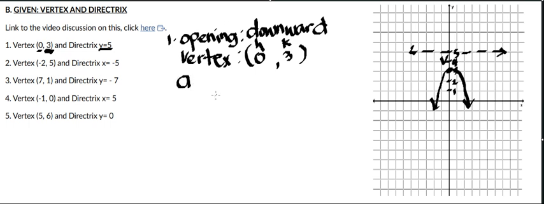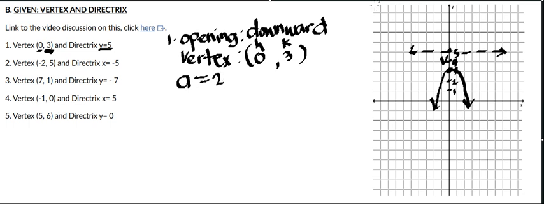Always remember that the distance from the vertex to the directrix is the same as the distance from the vertex to the focus, which is our a. So counting from the vertex to the directrix, we have 1 and 2, meaning our a there is 2.